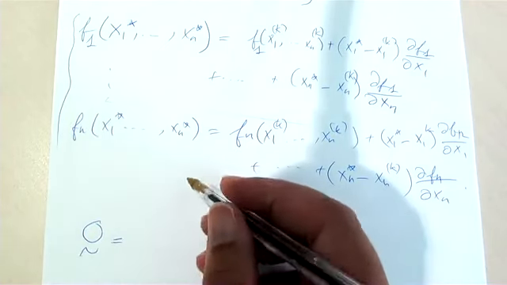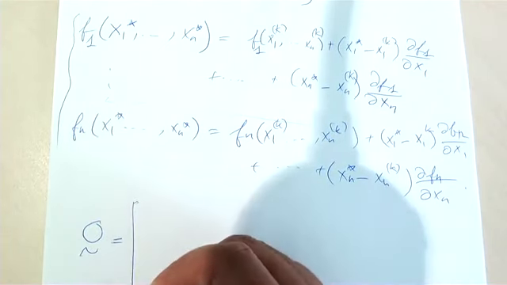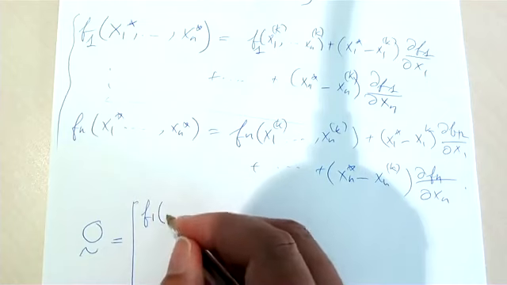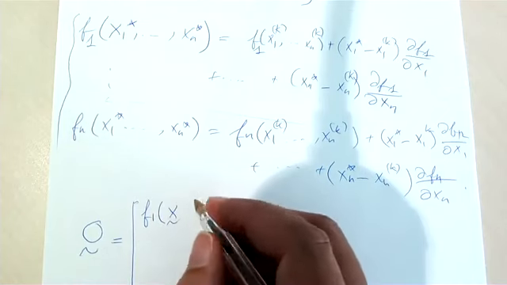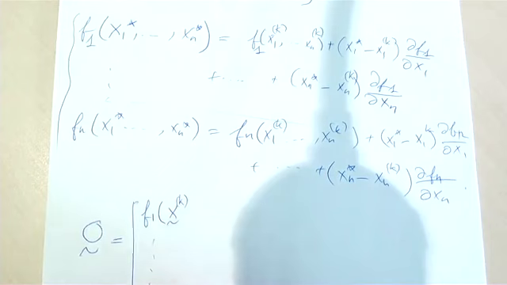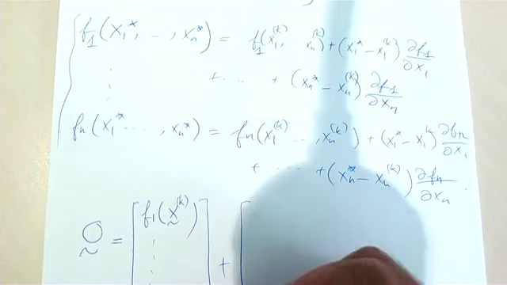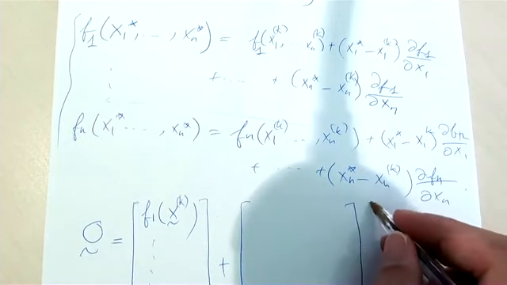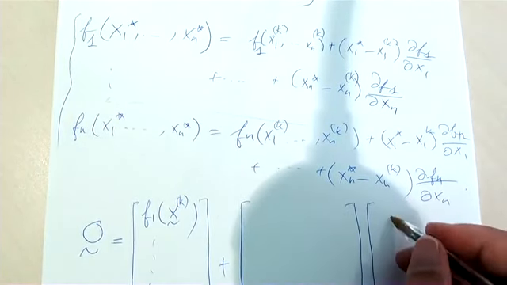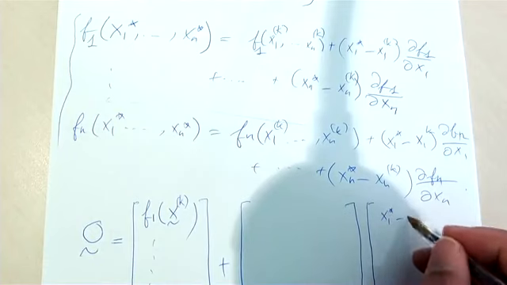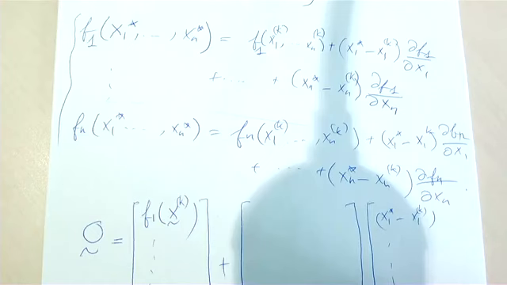So the first will be a vector f1 at x vector k, up to fn at x vector k, yeah, plus a matrix multiplied by a vector. The vector will be x1 star minus x1 to the k, up to xn star minus xn to the k.